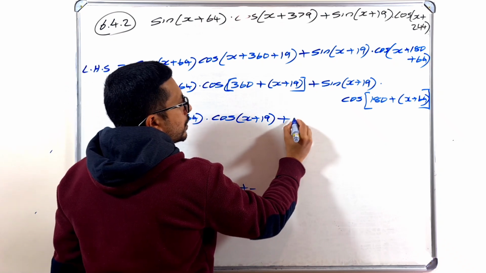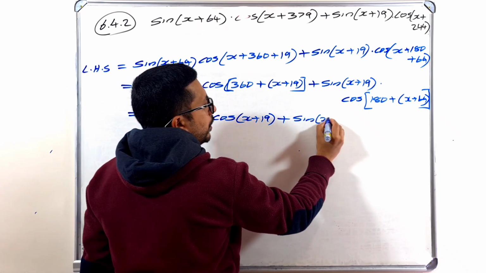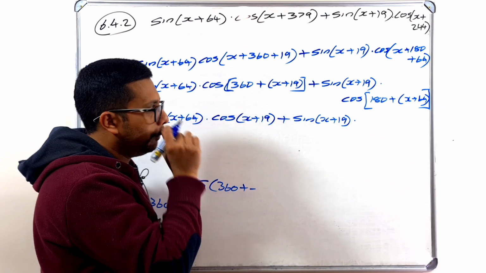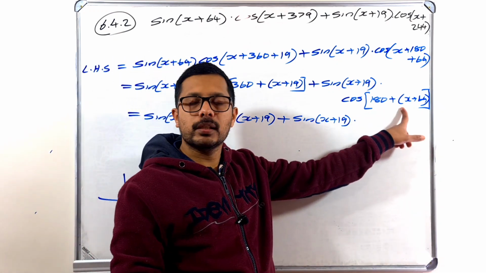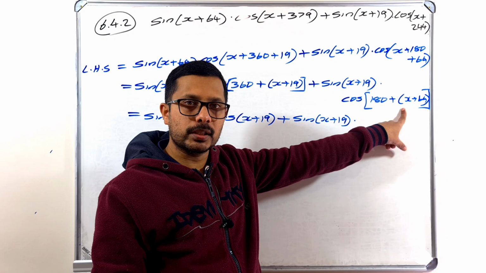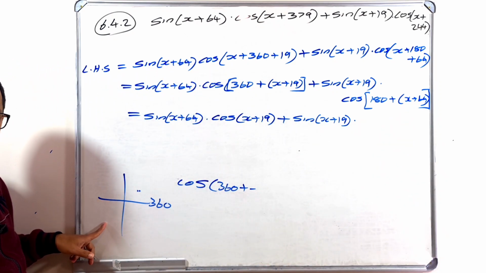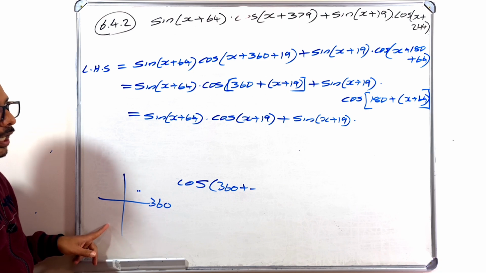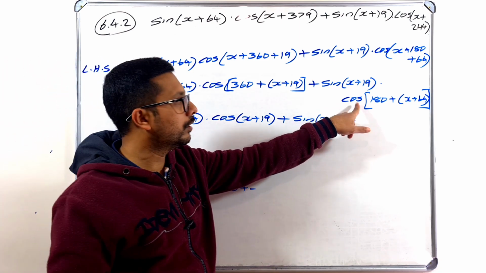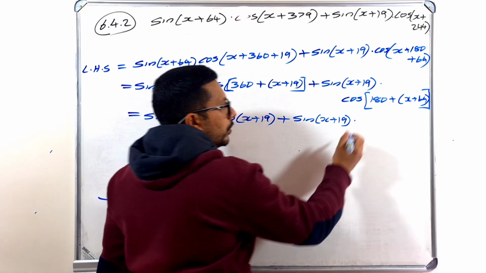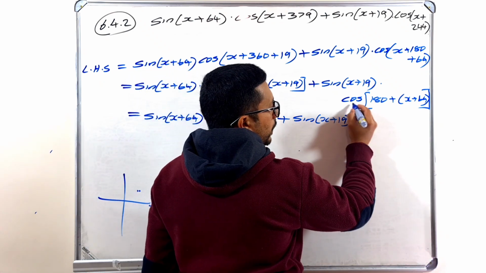Then plus sine of x plus 19 into 180 plus. 180 plus means which quadrant is that? 180 plus, that means third quadrant. In the third quadrant, what is positive? Tan is positive. Here what? Cos. So it is negative. Okay, so minus, then no change.